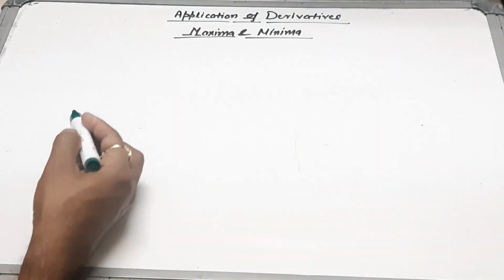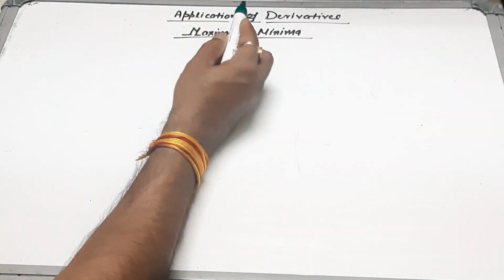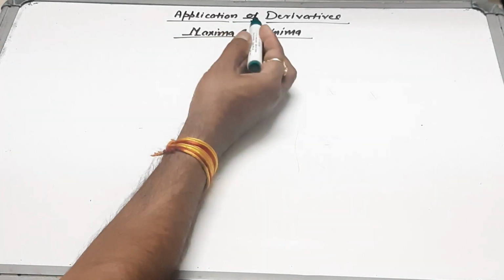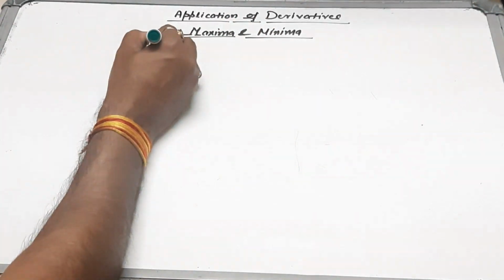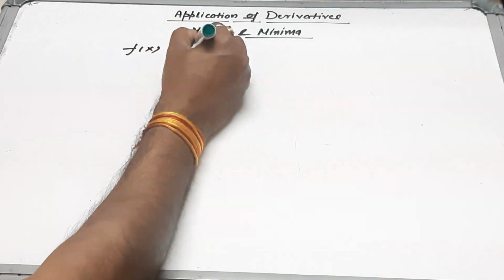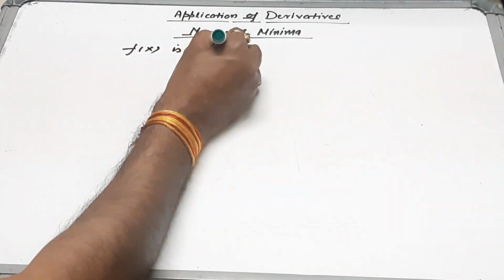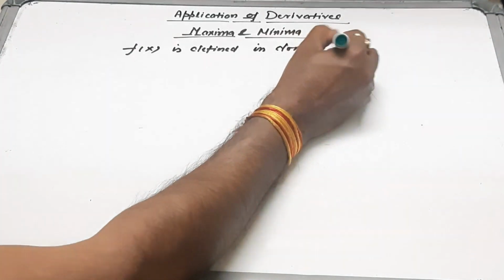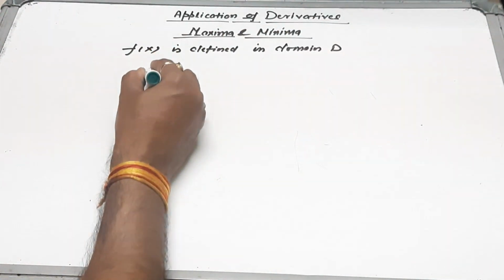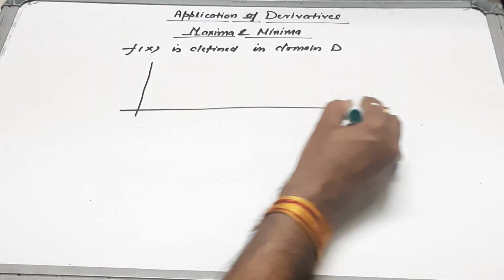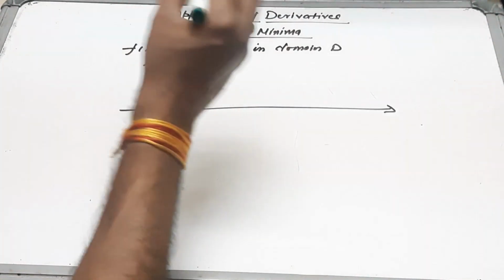Hi everyone. Today we will learn another application of derivative to find out maxima and minima of a function. So suppose a function f(x) is defined in its domain D and the function behaves like this. You see, this is the x axis and this is the y axis.